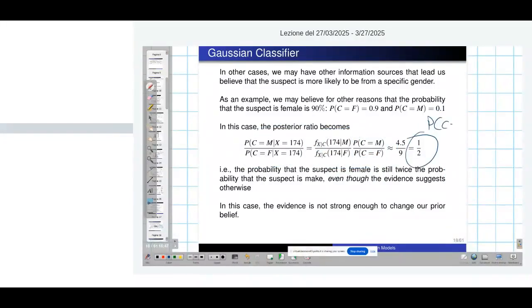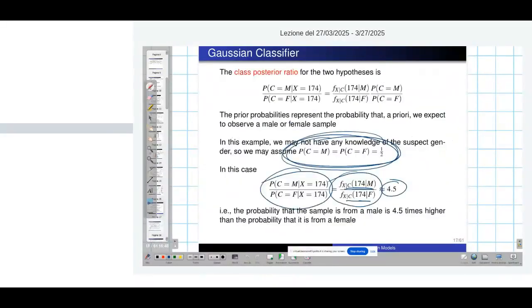The class posterior probability for male given 174, in this case, I don't have the number, but it is 1/2 the class probability for being female. And notice that this means that I will label the sample as female in this case. With uniform prior probability, I would have labeled the sample as male.